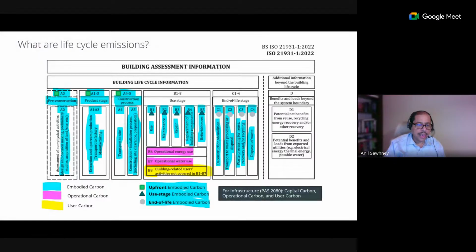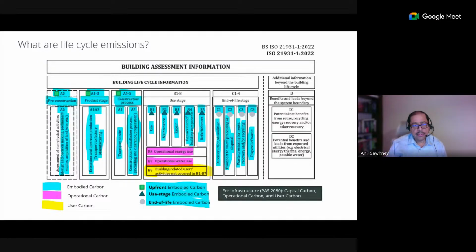So module A is product and construction stage. So pre-construction, product stage, and construction stage. Module B is when the asset is being used. So it's called use stage. It has B1 through B8 submodules.